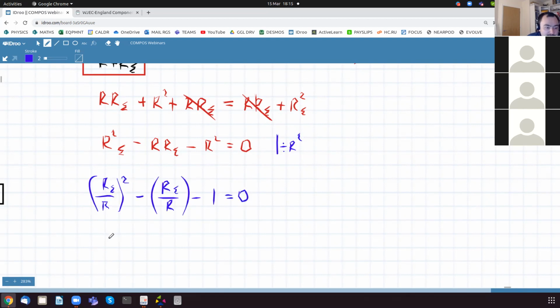So I'm going to make a substitution. U is going to be R sigma divided by R. So U squared minus U minus 1 equals 0.